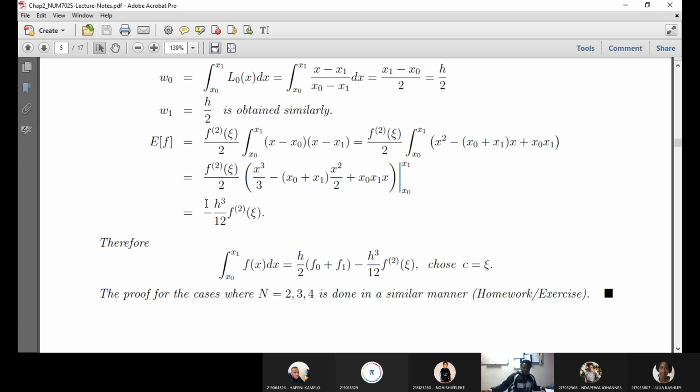So from there you obtain the error term for the trapezoidal rule, which turns out to be negative h cubed by 12 times the second derivative of the function at a certain point psi. So that's what we have.